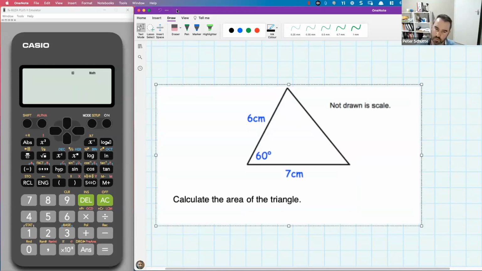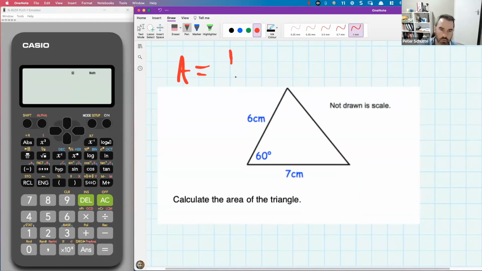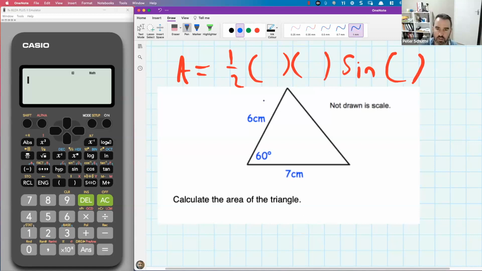Think about what the structure of the area rule says. There's always a half, and then there's two sides, and then there's a sine, and then there's an angle. So what do we have? We have that and that. What do we get for our final answer there?